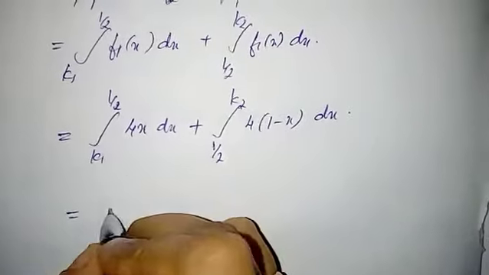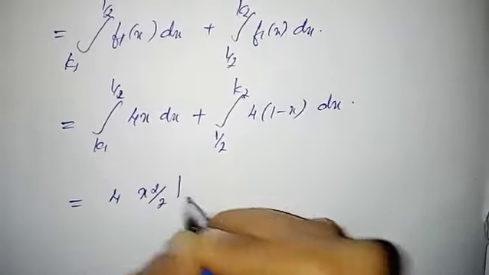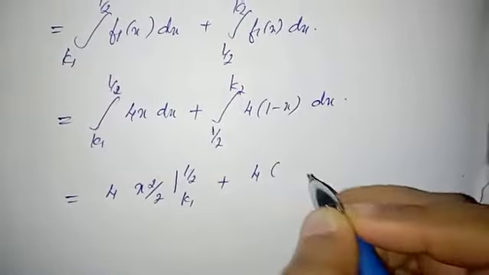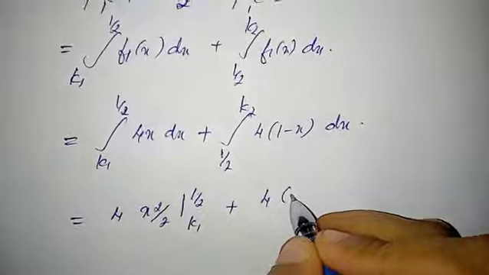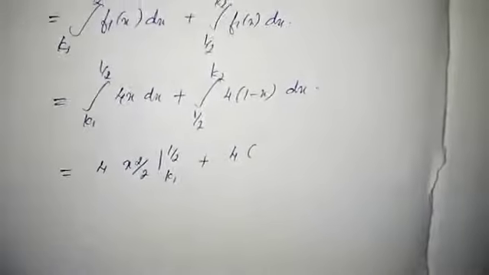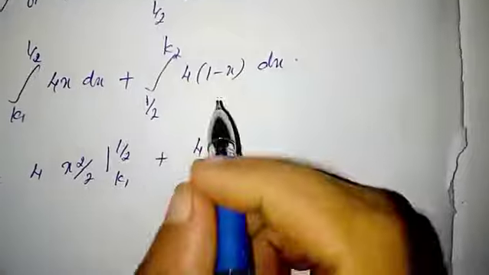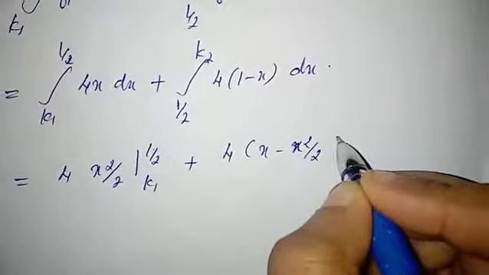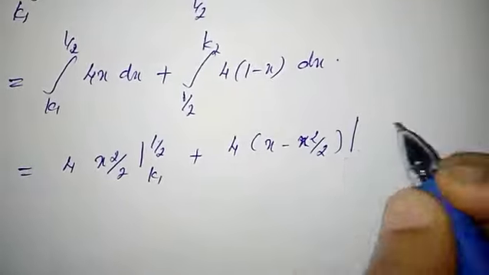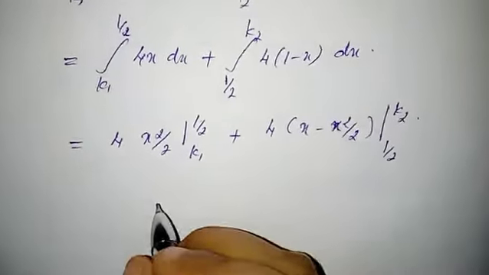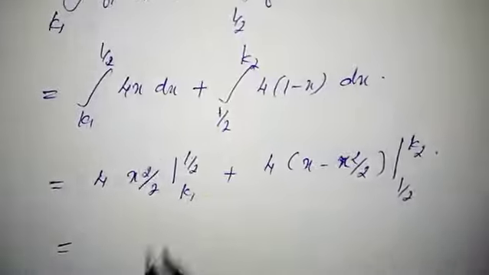Then we will integrate this term, that is 4 x squared divided by 2 from k1 to 1 by 2, plus 4 times, integrating that term, it is 4 into x minus x squared by 2, right? Limit is 1 by 2 to k2. It's equal to here 4 and 2, right?